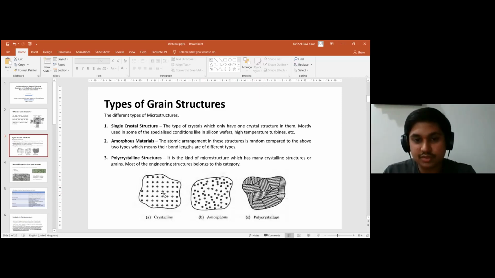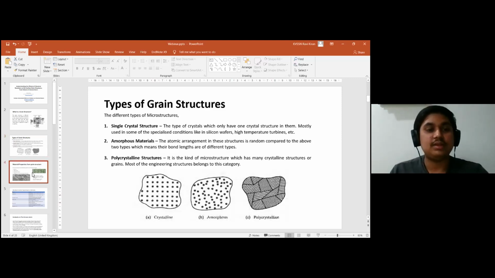This is quite different from the single crystal structure, because in single crystal structure all the unit cells are in the same orientation, but in polycrystalline it is different because of different element compositions in it. These polycrystalline structures are mostly used in all the engineering applications.